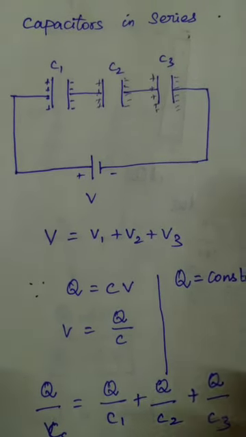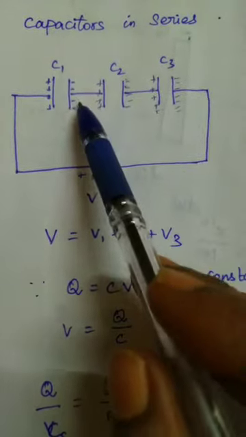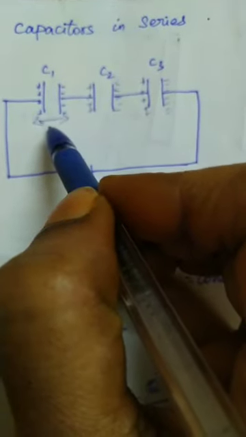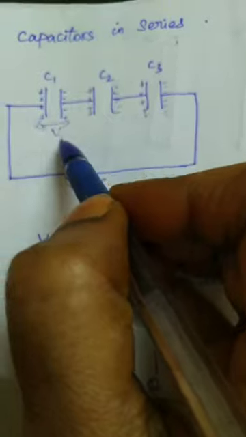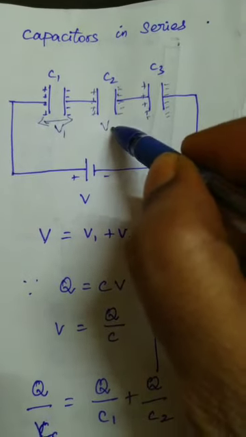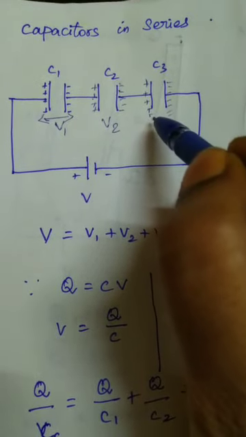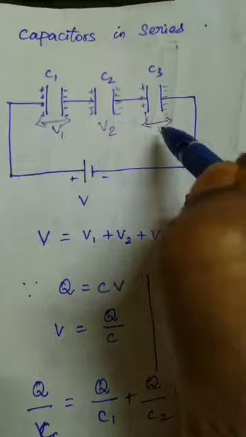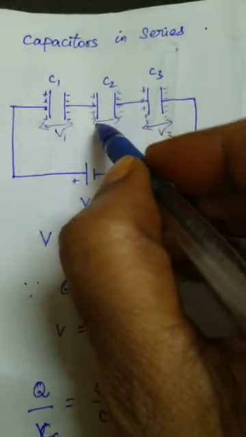In such a manner, for all the capacitors, a potential difference is raised across each one. So for capacitor C1 the potential difference raised is V1, for capacitor C2 it is V2, and for C3 it is V3.